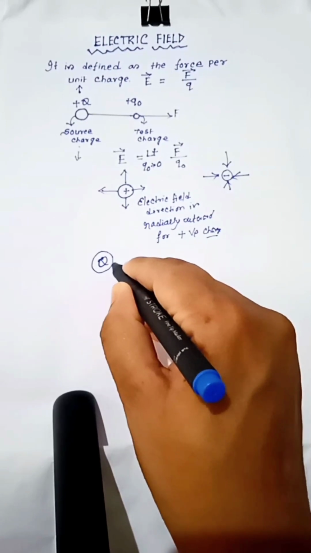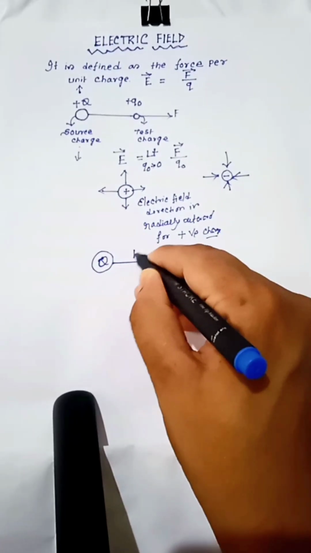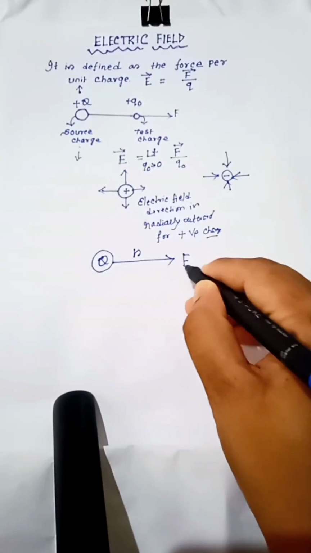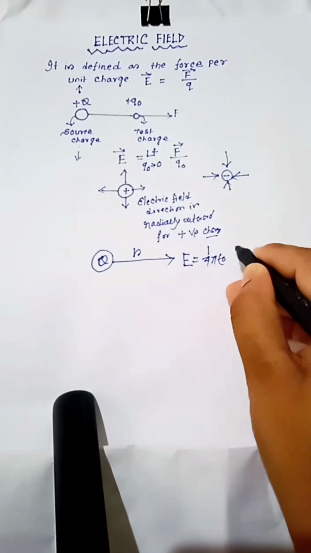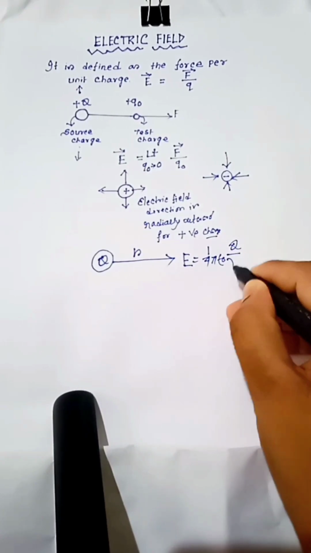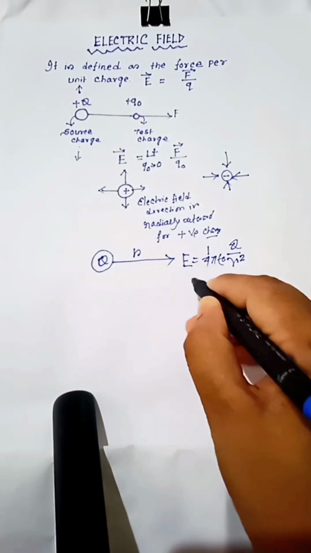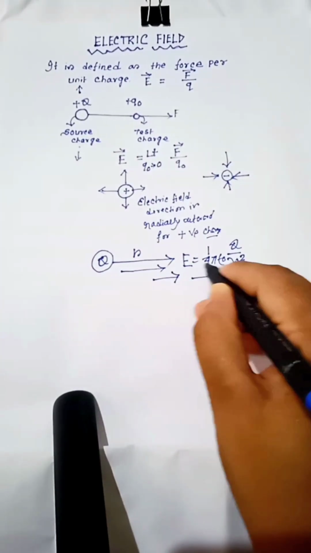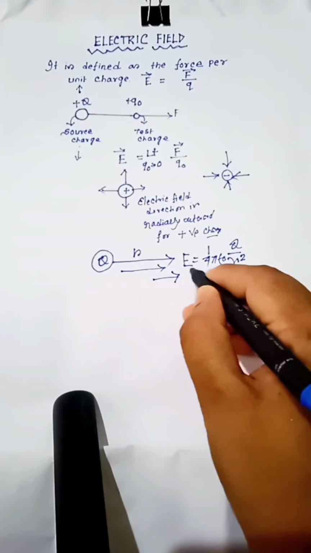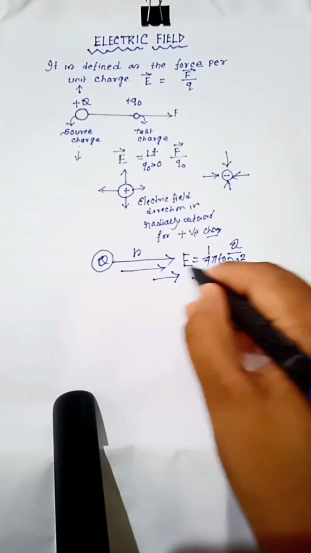And suppose we have a charge Q. So due to this charge, at a certain distance r, the expression for electric field will be 1 by 4 pi epsilon naught, q by r square. That means if distance increases, electric field also decreases.